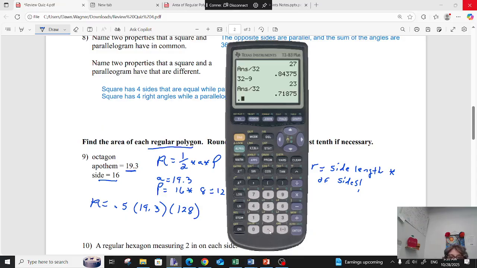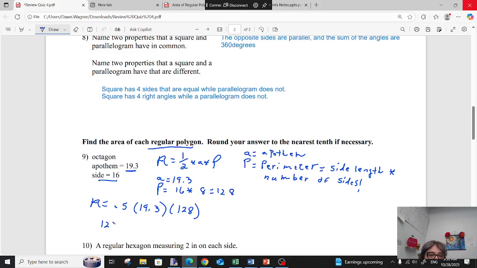So, 0.5 times 19.3 times 128. And how much is that? 1,000.2. It doesn't give us a unit, so I'm just going to put a U for units squared. There's my area, everyone.